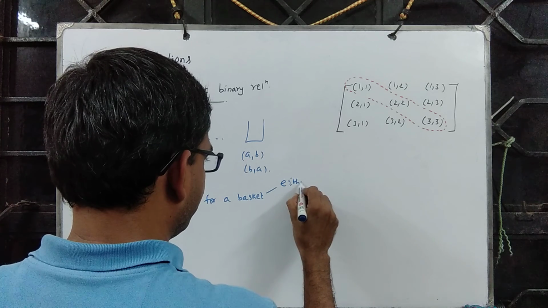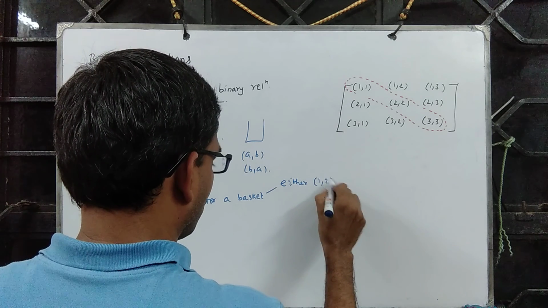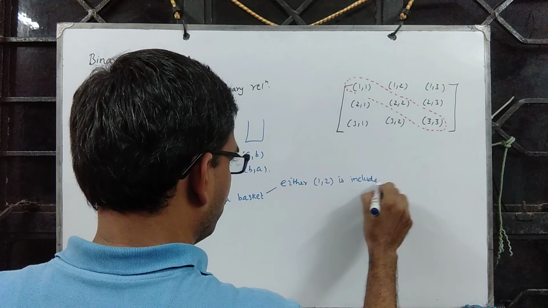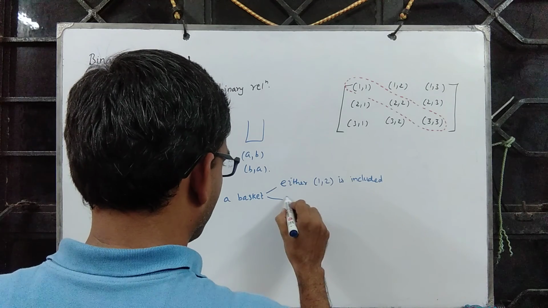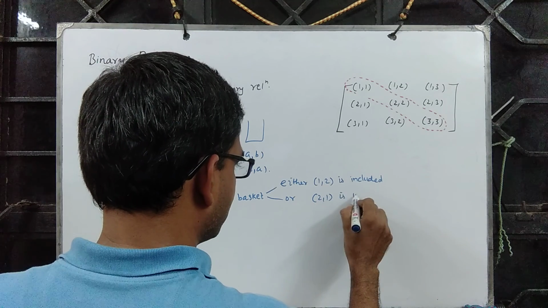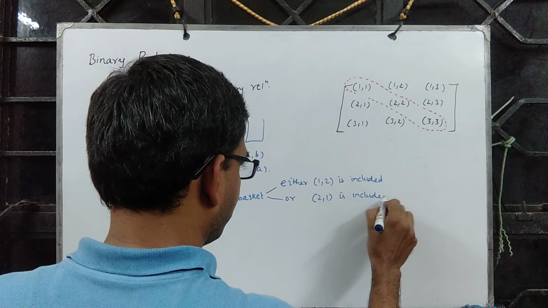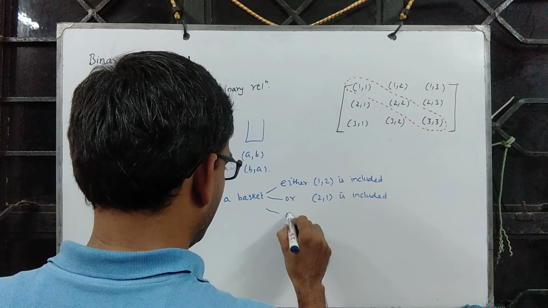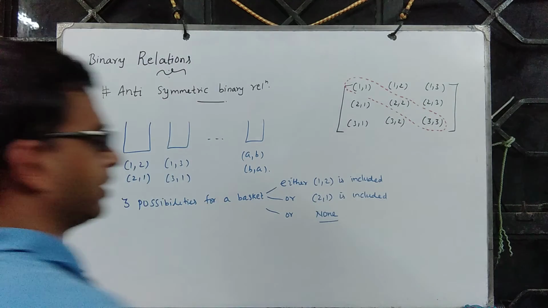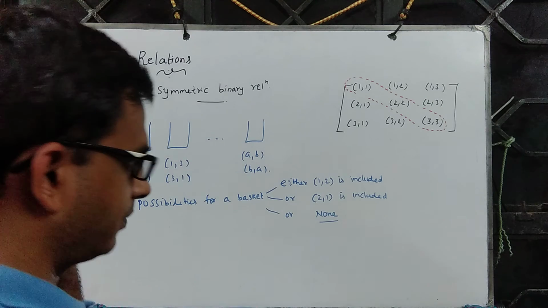Either (1,2) is included, or (2,1) is included, or none. None of them are included.